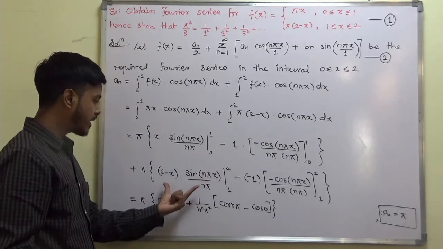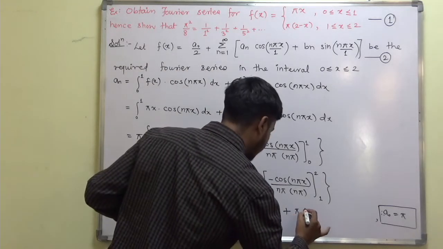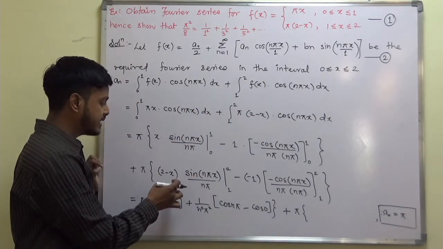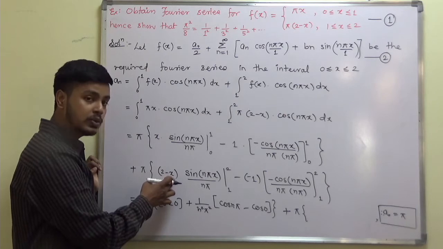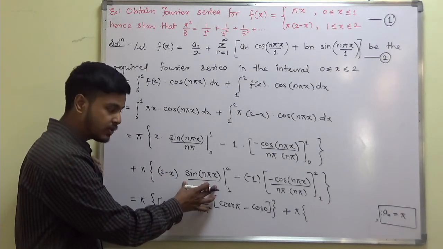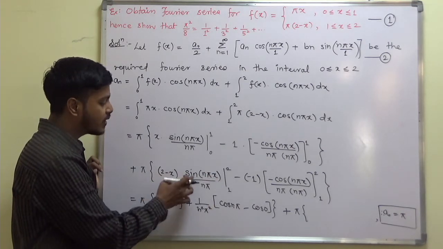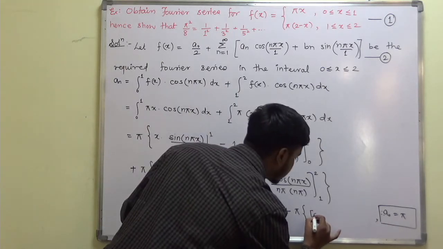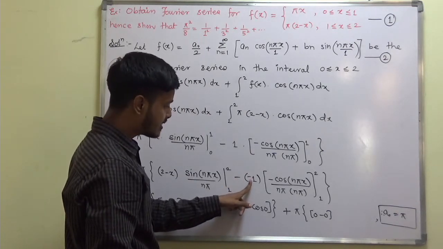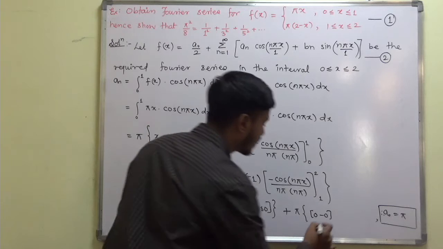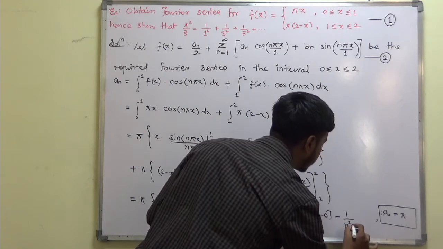This is just applying the limits for this. Now applying limits for this will give you plus pi. What about this? This is putting x is equal to 2. When you substitute x is equal to 2, 2 minus 2 is 0, and 0 into anything is 0. When you substitute x is equal to 1, this is 2 minus 1, 1, sine n pi. Sine n pi is 0. So again upper limit minus lower limit is 0. Okay, this minus minus plus and this minus, so this is minus 1 upon n square pi square.